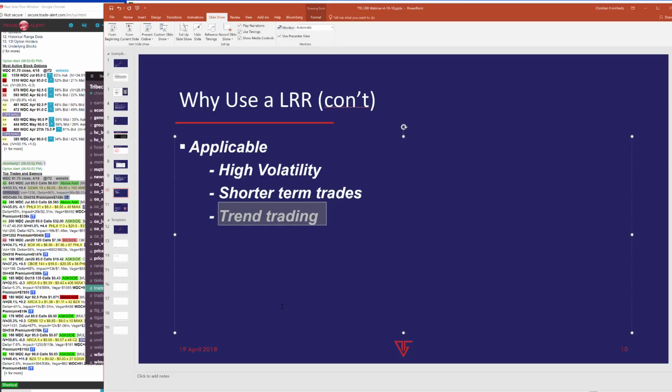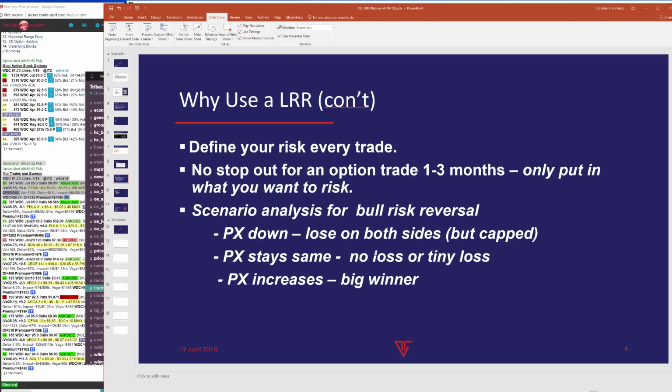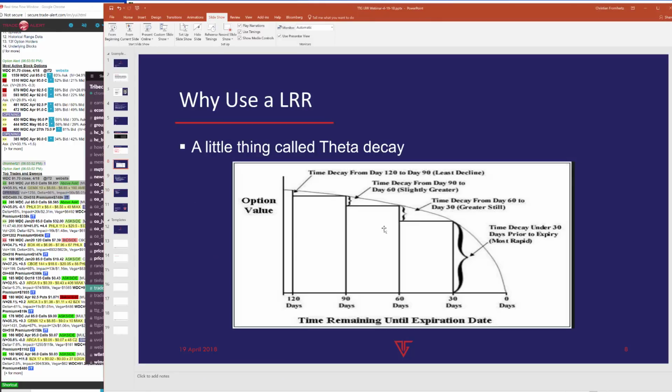Now, of course, that's the one thing that's a little bit different. When you go further out, there are different ways that you can do this, but when you go further out, the theta decay is not that big. So that's the only issue when you do this strategy with far out options: if the stock stays where it is, you're not going to lose much on the calls.